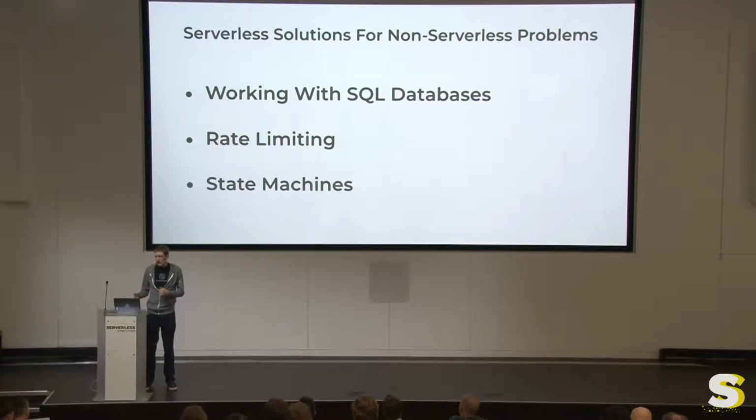We're going to talk about an example where maybe you want to scrape some website pages, but you want to be a good netizen and not do that at a ridiculous scale. And finally, how can you build state machines with this new technology? There's a lot of building blocks there, but if you really want to build arbitrary states, how do you hook it all together?